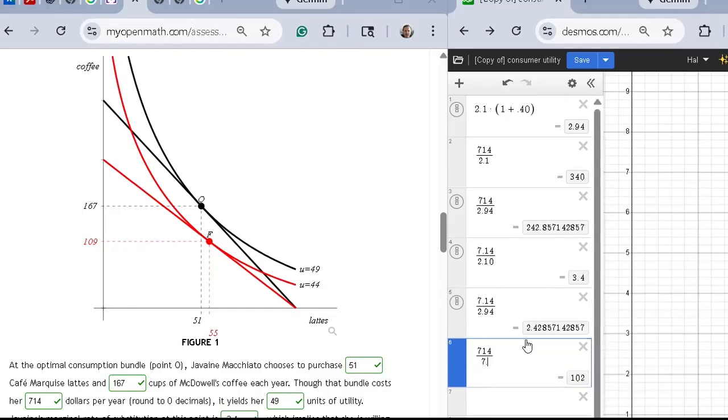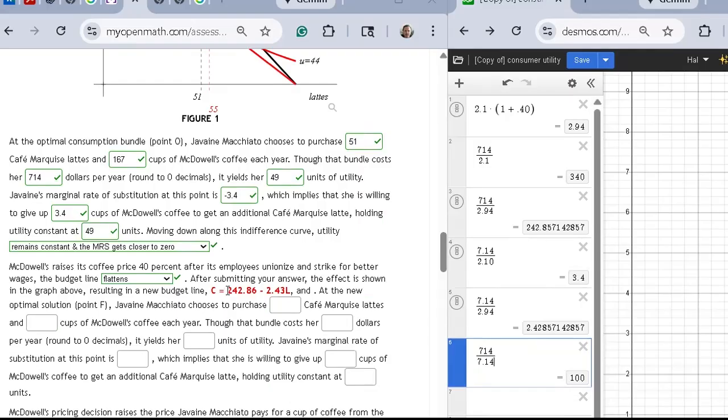It was always 7.14. So this value here is 100, before and after the change in the price of coffee. So we have a point of rotation right here, and the line gets flatter. Notice we have this new consumer budget line. It has an intercept equal to 242.86 and a slope equal to 2.43. That value rounded to 2 decimal places.